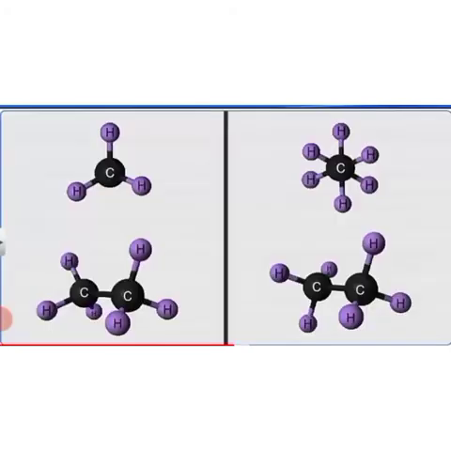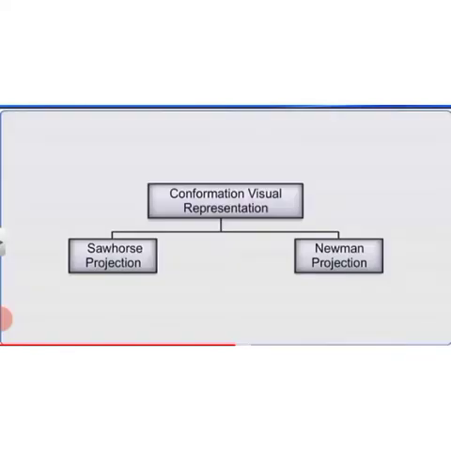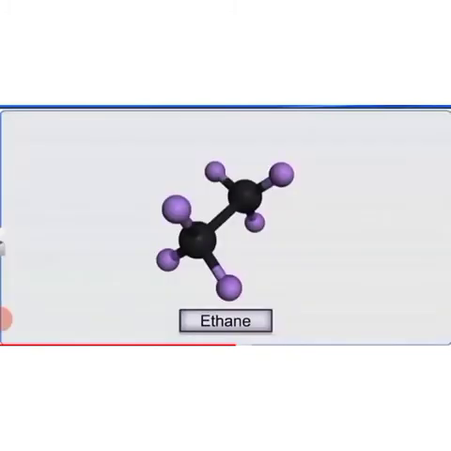Now that we have seen what conformation means, let's learn the two standard visual representations used to explain it. These are known as Sawhorse projection and Newman projection. In Sawhorse projection, the molecules are viewed along their molecular axis, that is, at an oblique angle.